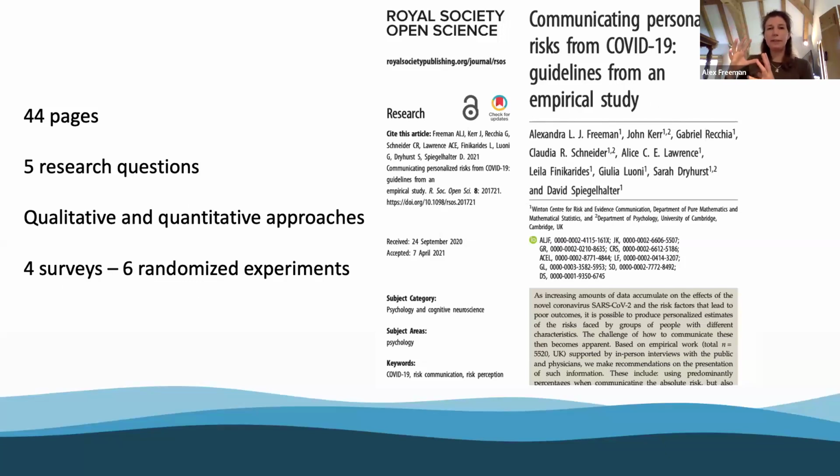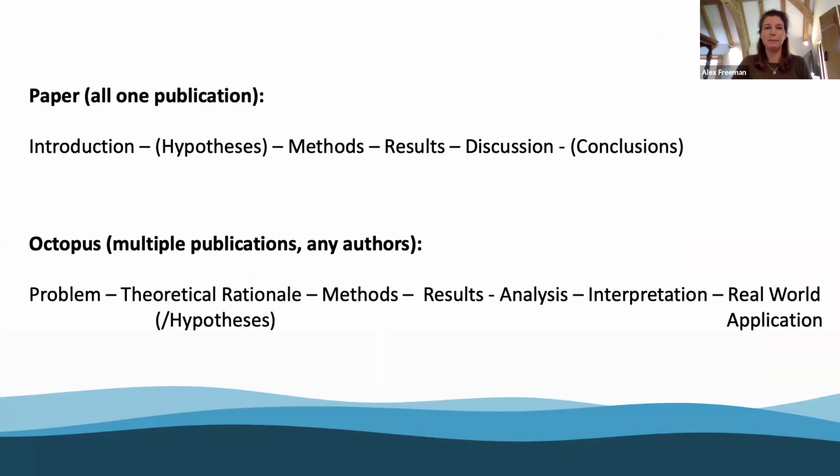We wanted to publish it all in one go because this work could be useful during the pandemic. But it's a bit impractical, and not everything we'd actually done neatly made it into the paper. So it was a perfect chance to use Octopus after publishing the paper, to give readers a different way of accessing all that information and possibly some extra information.